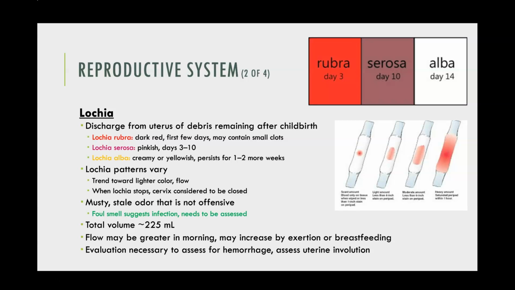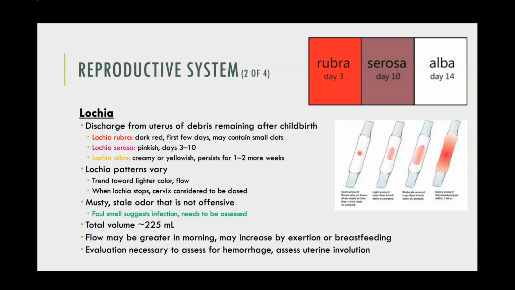If your mom is having heavy lochia, she is saturating a pad from front to back in about 2 hours, and that's okay, but we just need to keep a really close eye on her and ensure that the lochia that we're seeing is appropriate, and rule out any other problems. An excessive amount of lochia is going to include something like saturating a pad from front to back in less than an hour or in around 15 minutes. That's too much.